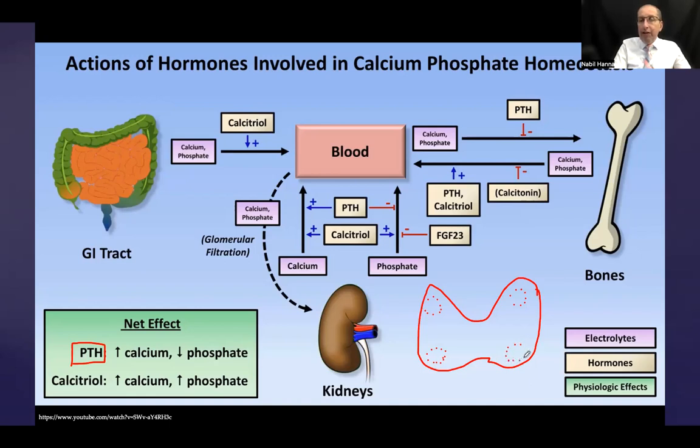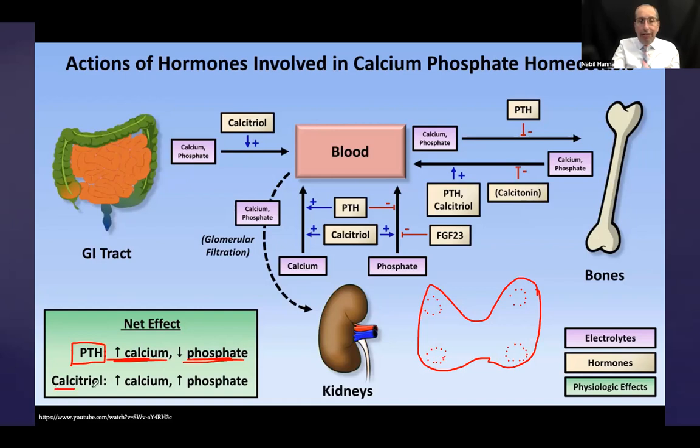The parathyroid hormone is the calcium fan. It has only one function in the body: to increase potassium in the blood. Sorry, to increase calcium level in the blood. It increases calcium and decreases phosphate.